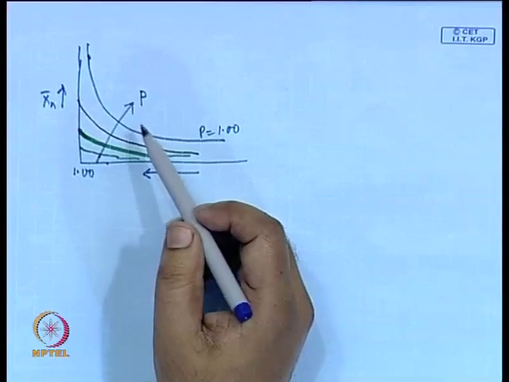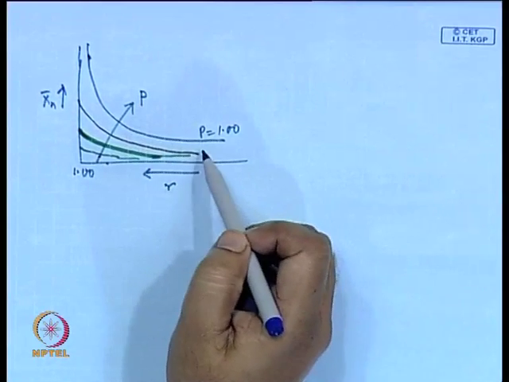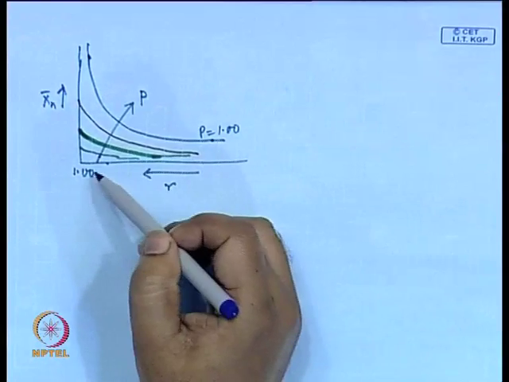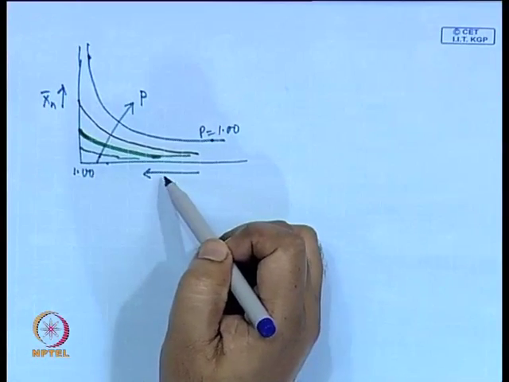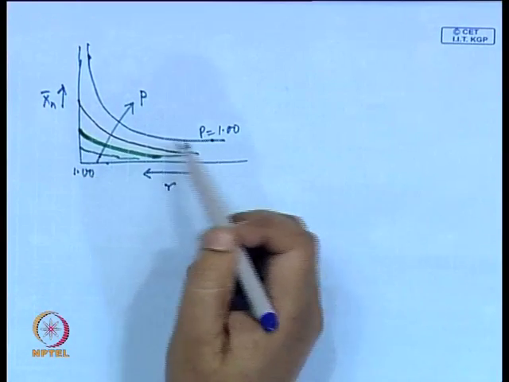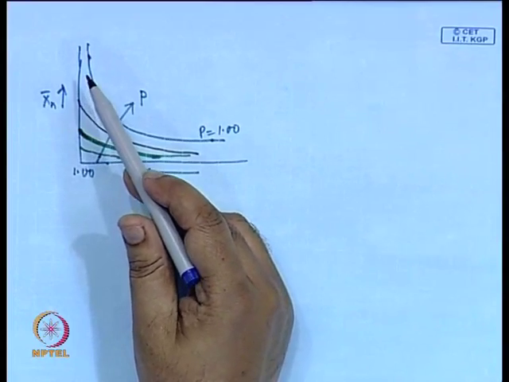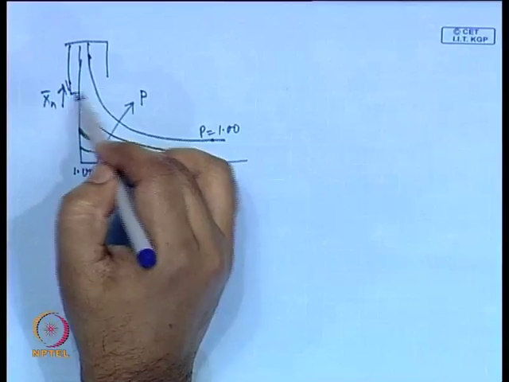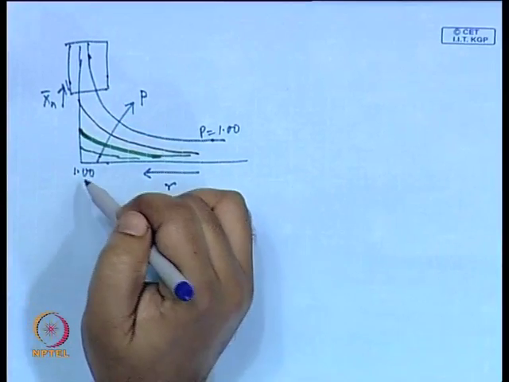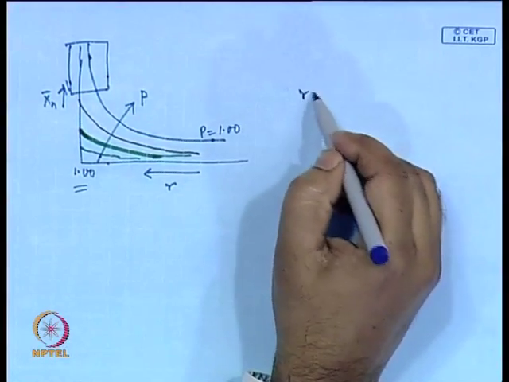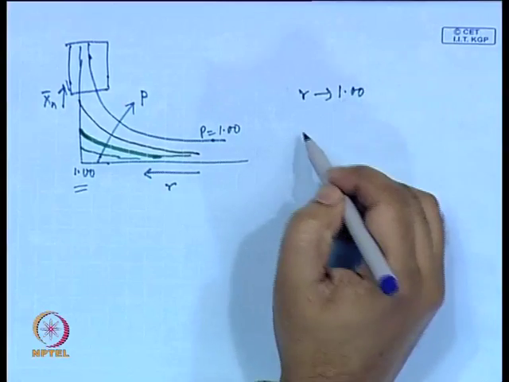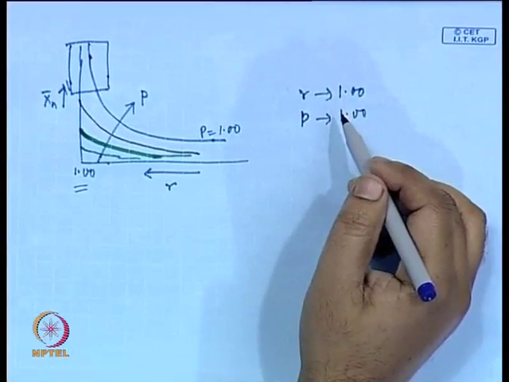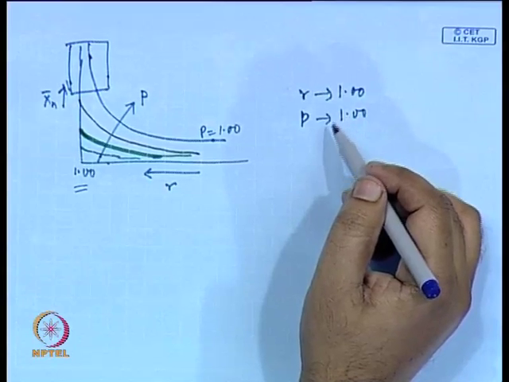And for a given P, on any of these curves, as you increase R, if you go close to stoichiometric, you will increase the molecular weight. So, the ideal scenario of working is somewhere here, where your R is close to 1 and P is close to 1, that will give you the highest molecular weight you can achieve.